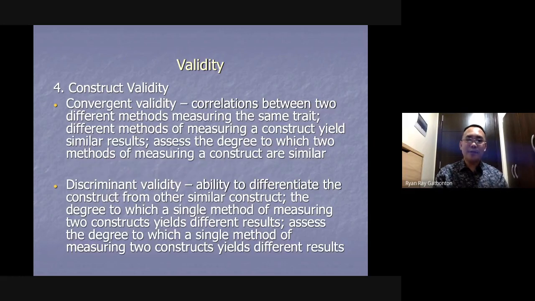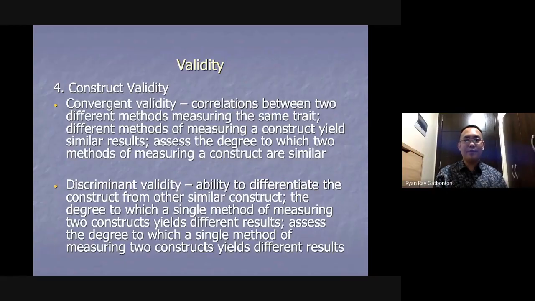Another type of construct validity is yung tinatawag na convergent validity, or the correlations between two different methods measuring the same trait. Okay, different methods of measuring a construct that yield similar results, and to assess the degree to which two methods of measuring a construct are similar. Okay? So yung pagkakapareho ng measurement ng dalawang variable.